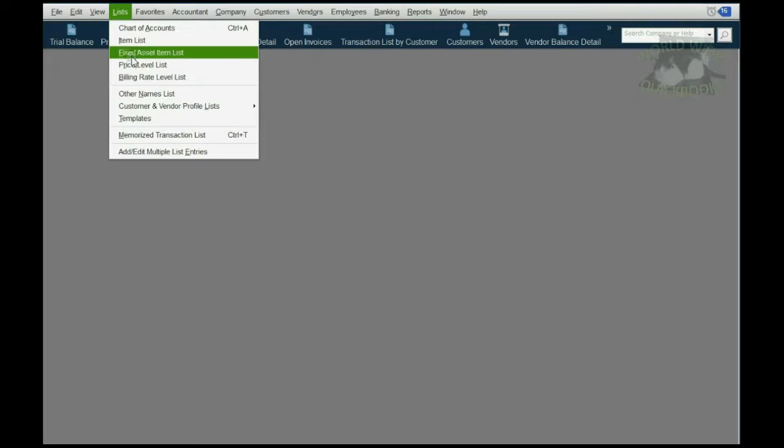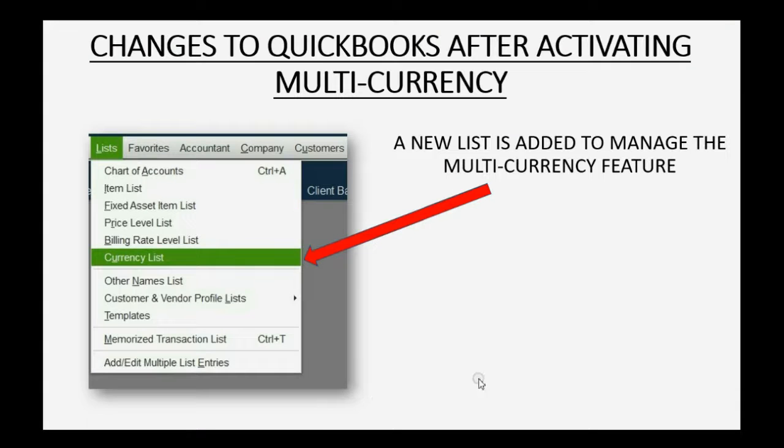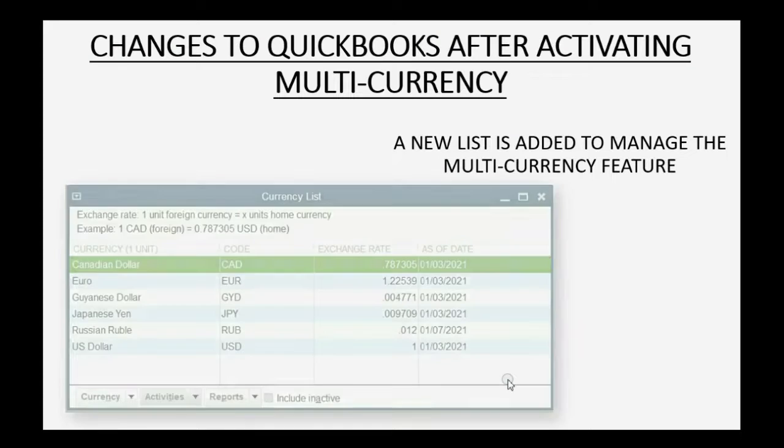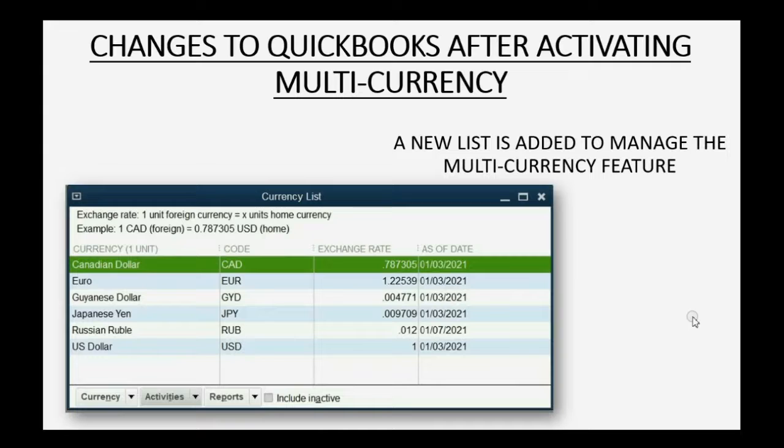And you can see right now the currency list is not here, but when we activate multi-currency it will show up, and when we click on that choice we will get the currency list window, and it will be this window, the window that behaves like any other window in QuickBooks Desktop as far as a list item, and you will use this in order to manage your multi-currencies.